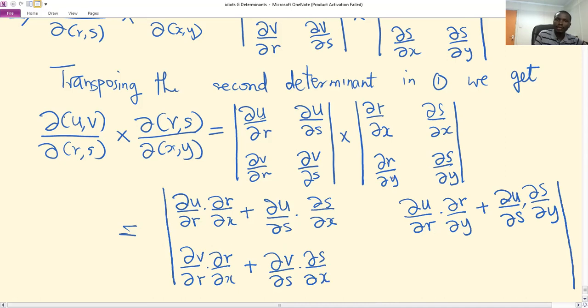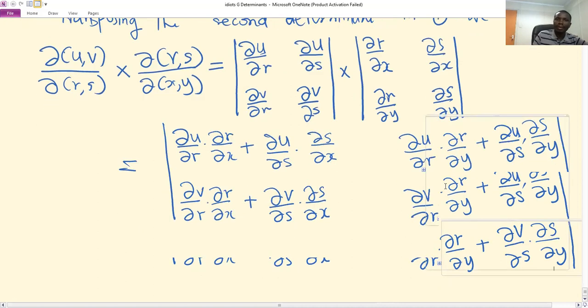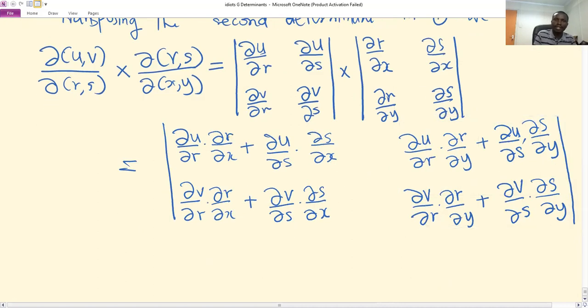And finally partial v partial r times partial r partial y plus partial v partial s times partial s partial y. So this is the product.